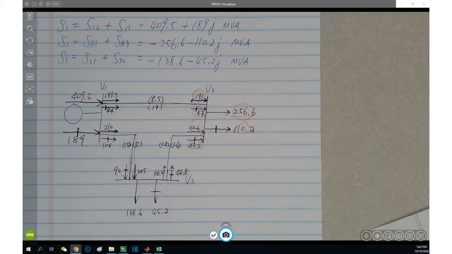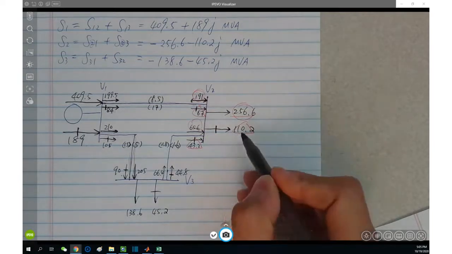I get the active power, but what does it mean when you have 44.8 megavolt-amperes being supplied from V3 to V2? Does it mean V2 is more inductive? Because if it's out, does that mean inductive, and in means capacitive?